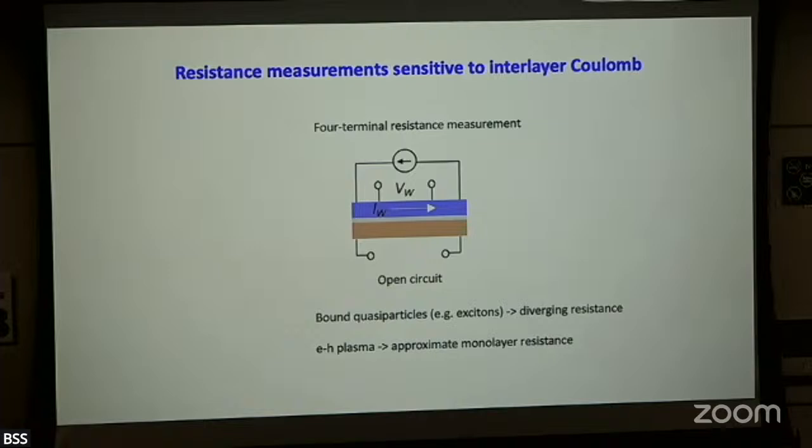Insulator, yes. But how large the resistance is also depends on the contact resistance. I think that's probably true, but we have not done the experiment.